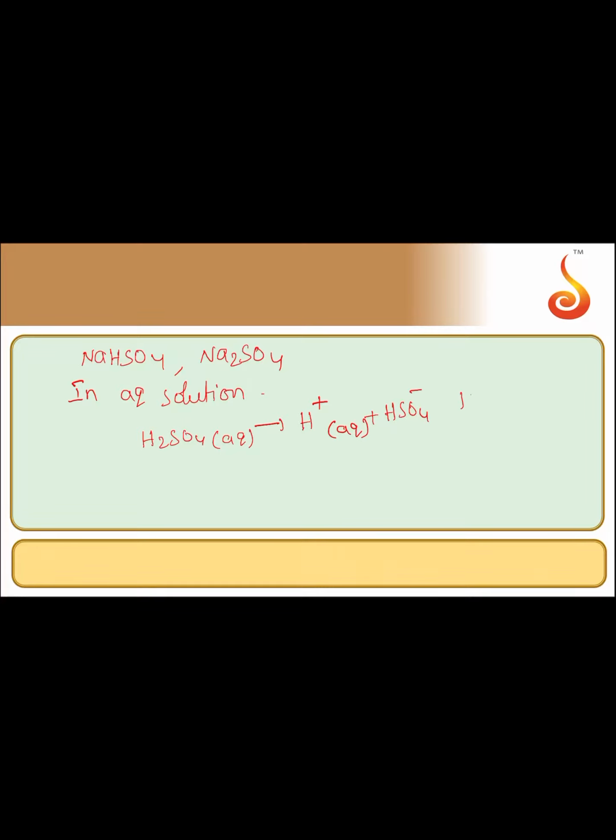The acid dissociation constant, that is Ka1, is 1 into 10 power 3, and HSO4 minus ionizes to form H plus and SO4 2 minus. Here the acid dissociation constant Ka2 is equal to 1.2 into 10 power minus 2.